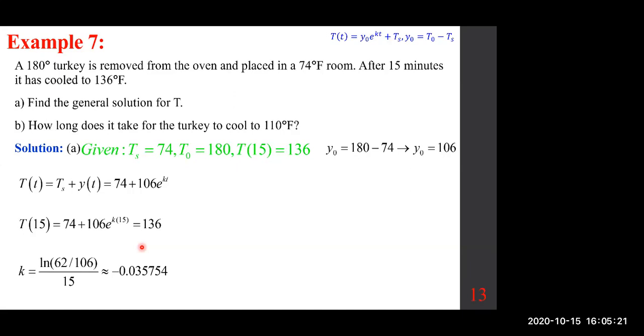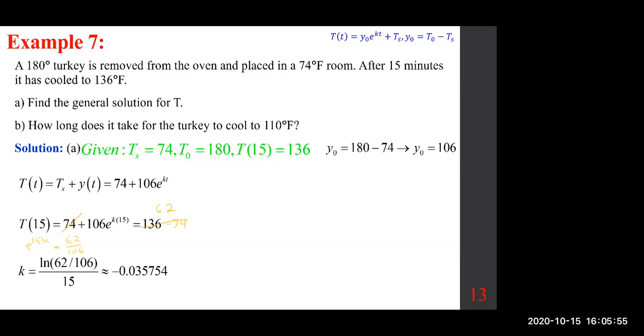Of course, 74 subtracted gives you 62. So e to the power of 15k is 62 divided by 106.